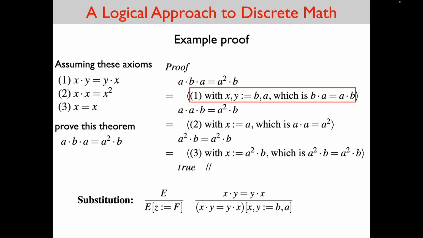We used axiom 1 with x comma y replaced by b comma a. So what we were using there was substitution. You see the form of substitution at the bottom of the slide?